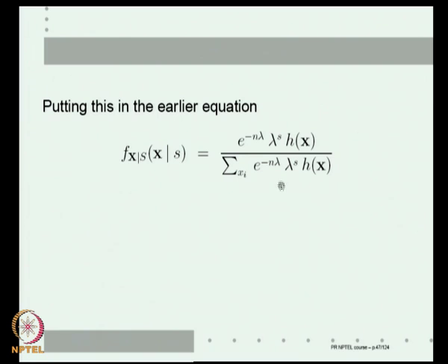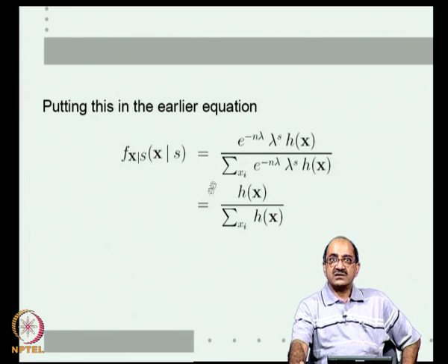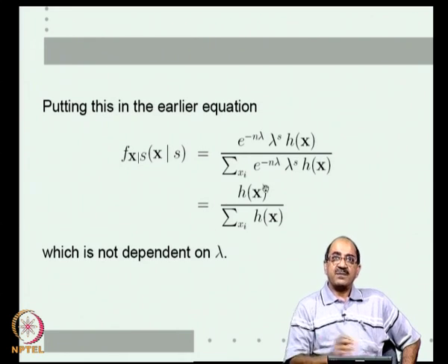Okay. So, now the lambda terms which are no longer dependent on xi will come out of the summation and cancel with the corresponding lambda terms in the numerator to give me this. So, this conditional density now is no longer dependent on lambda.